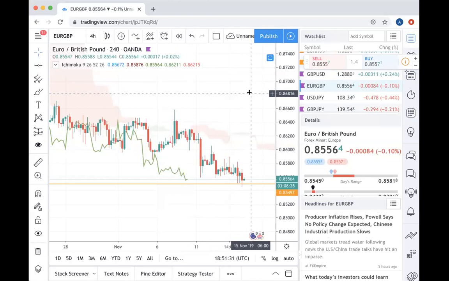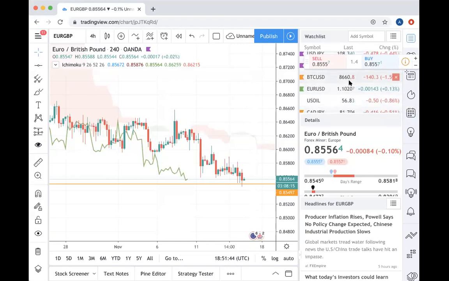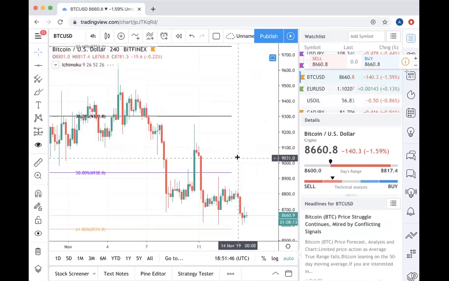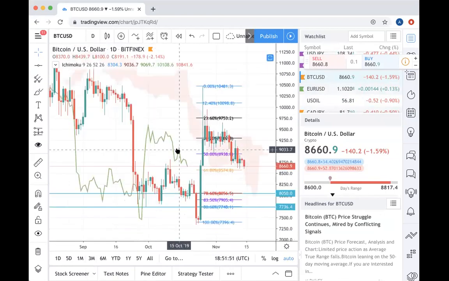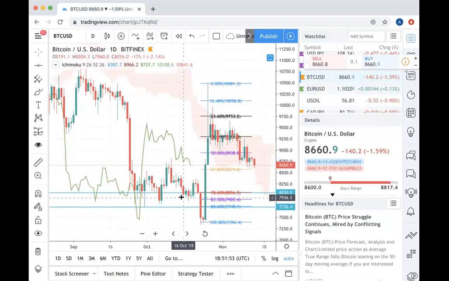I love dojis. Understand what gravestone dojis are, what hammers are, evening stars, morning stars, all kind of stuff. And when you start seeing that on a chart, you market execute. I don't do orders and limits and all that. I market execute because I know what price is doing, and that's coming back to understanding price action.